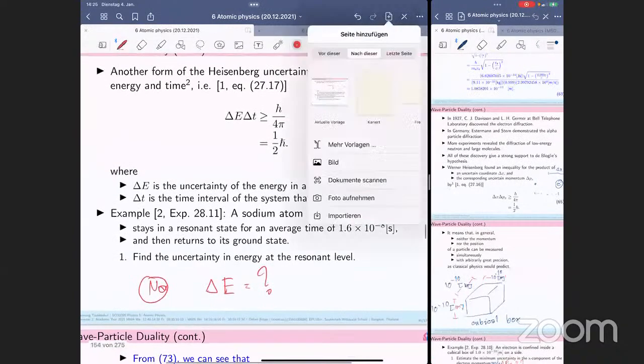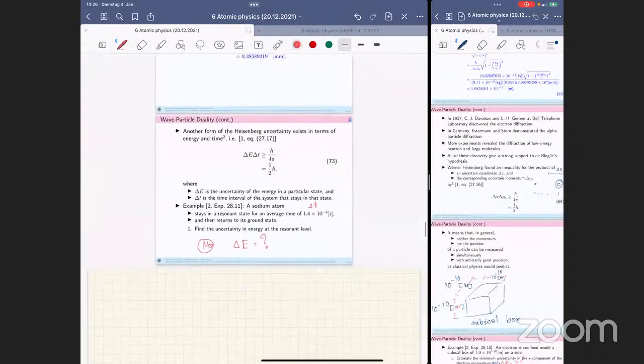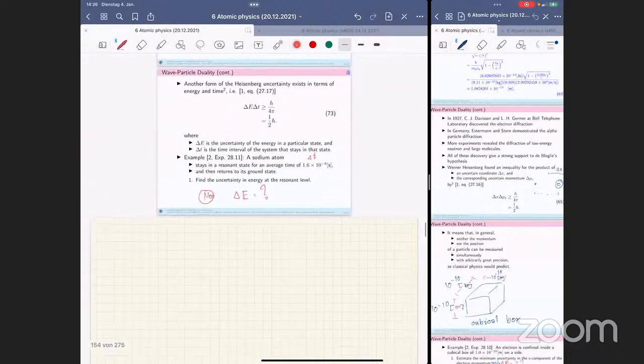So let's open the next page. Delta E is what they want to know, right? And delta T is the time of observation they have provided. It's 1.6 times 10 to the negative 8.